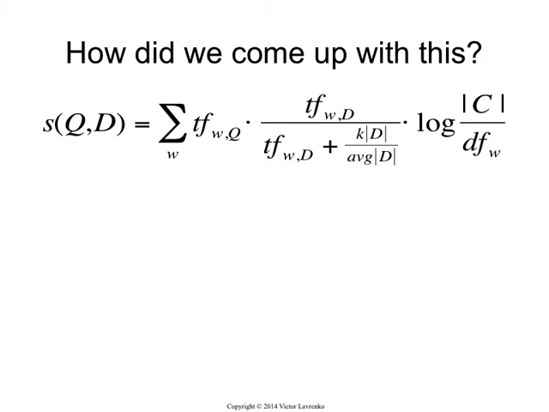Google's using it, Bing's using it, or variants of it. And the question that you want to think about, now that it is comfortable and friendly and familiar and you know everything in this formula, is how did this thing really come up? How did somebody come up with this formula? In the vector space lecture, yes, we had an explanation for what parts of it do.